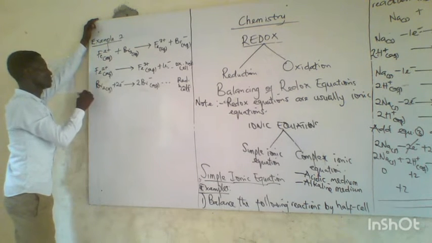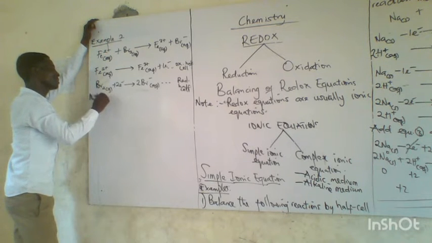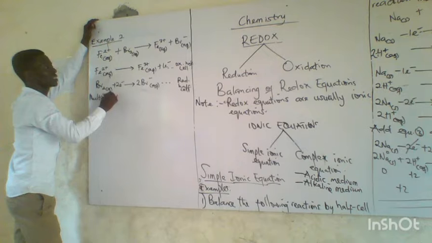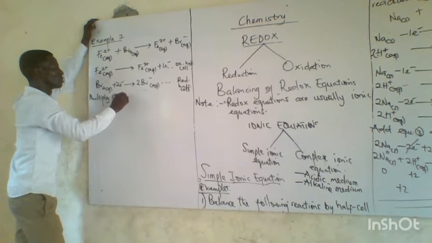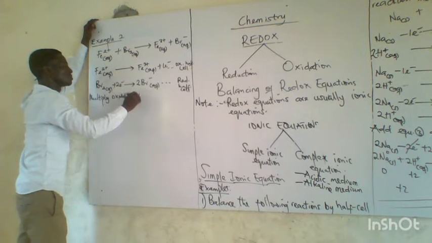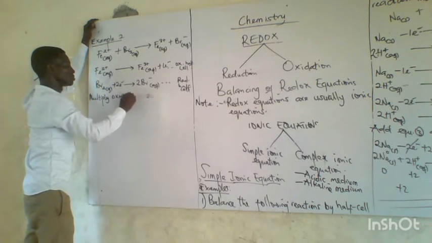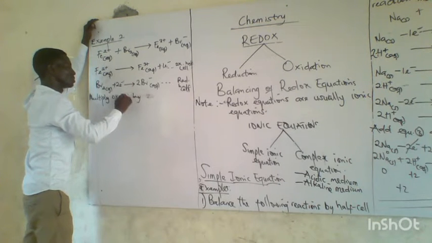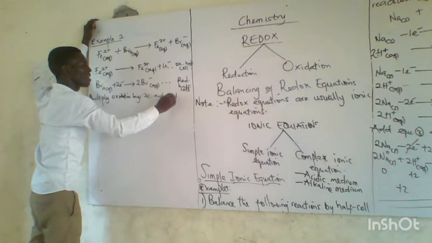So I have to multiply the oxidation half by 2, right? And the reduction half by what? By 1.